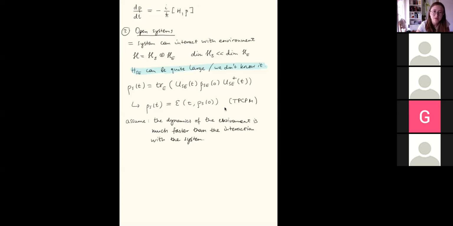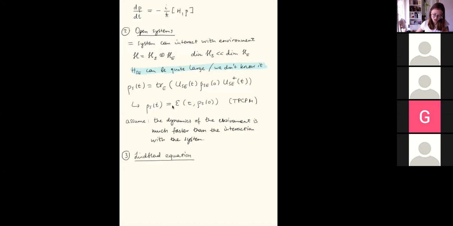Okay, so the main take-home message from open systems is that we describe their evolution with this TP-CPM map. Now we come to the Lindblad equation, which is our goal.